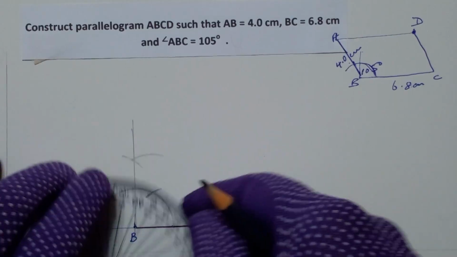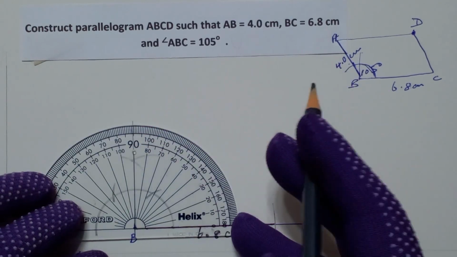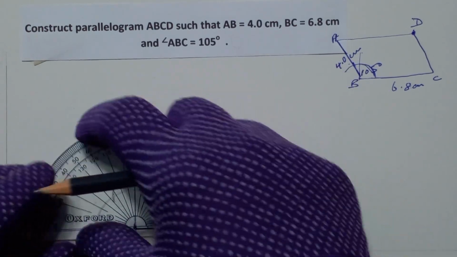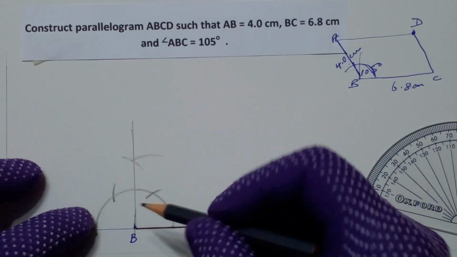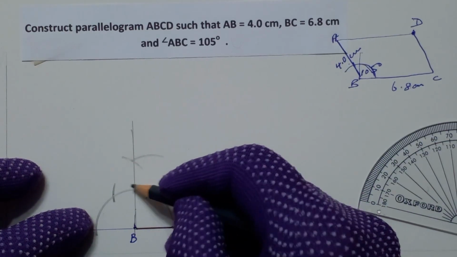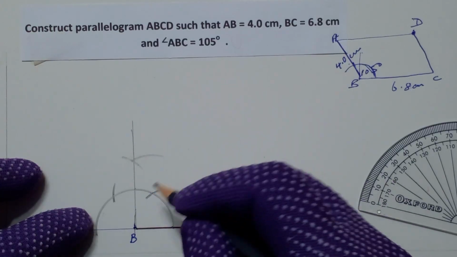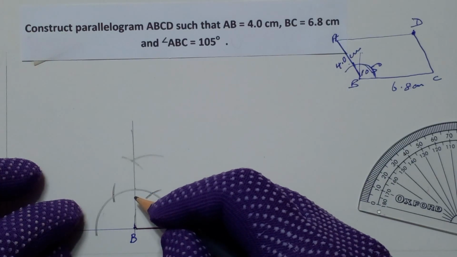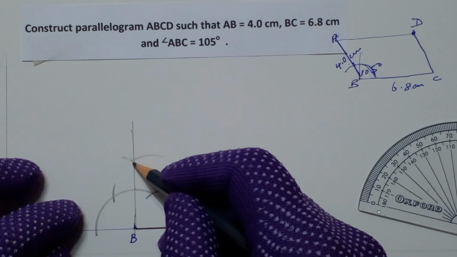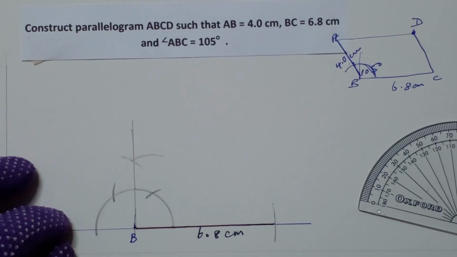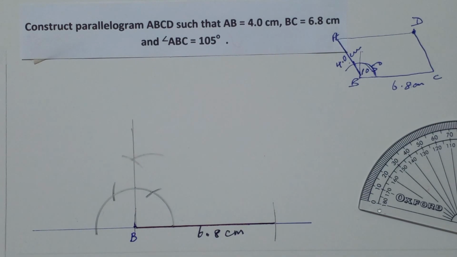Let's check that. 90. If we bisect that 30, we will get 15. So 90 plus 15 would give us 105.